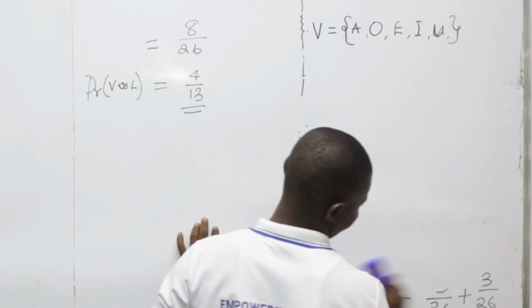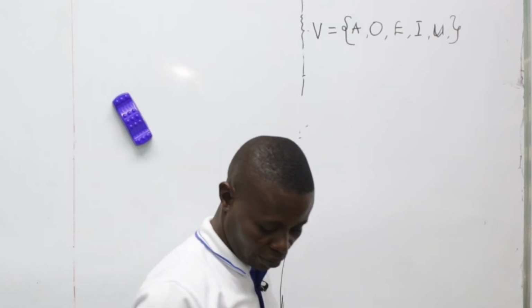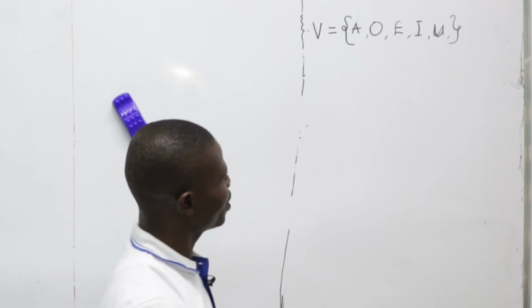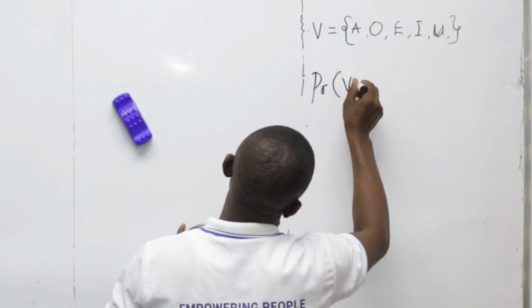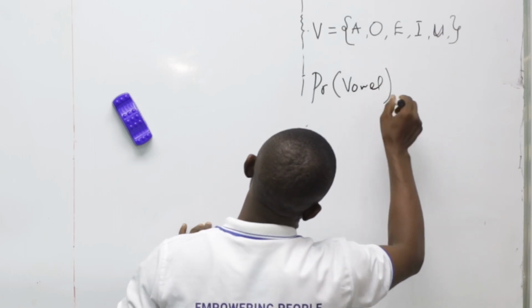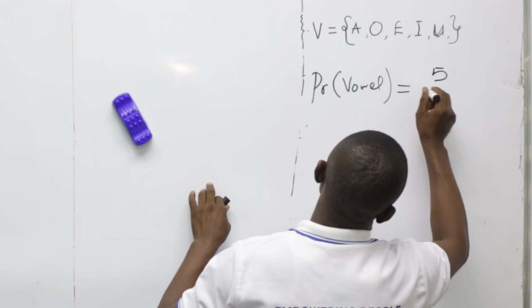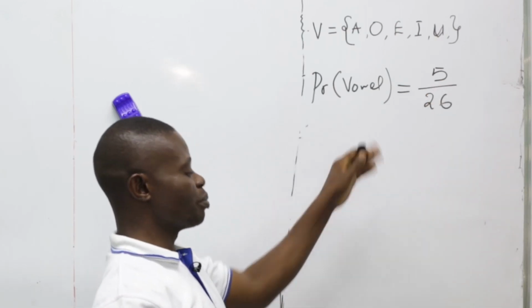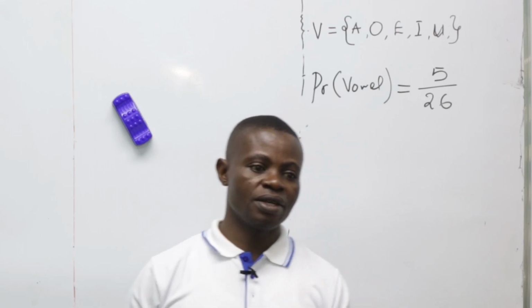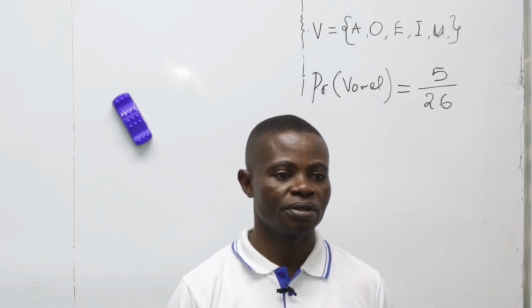So the probability of the letter being a vowel: how many are they? Just 5. Total outcome 26. So the probability for vowel sound there is 5 all over 26.